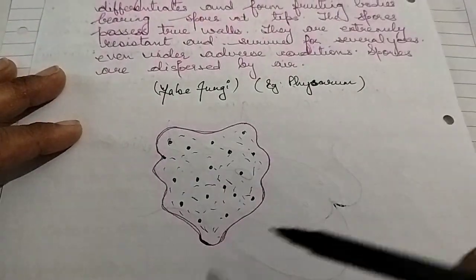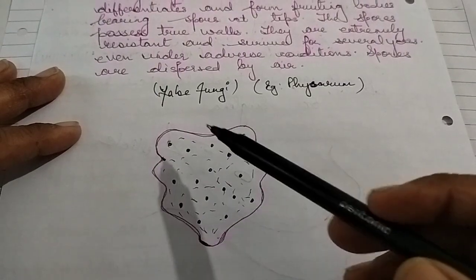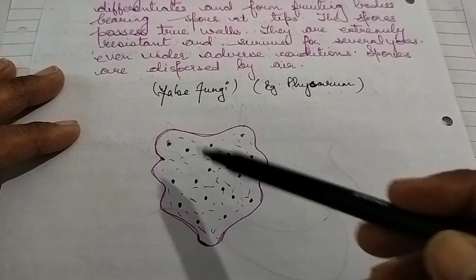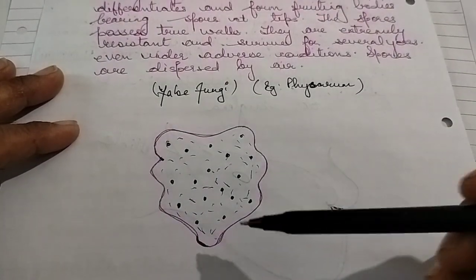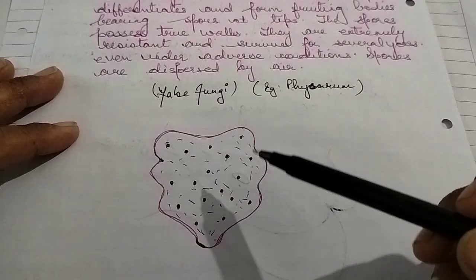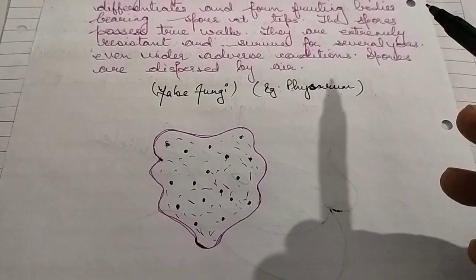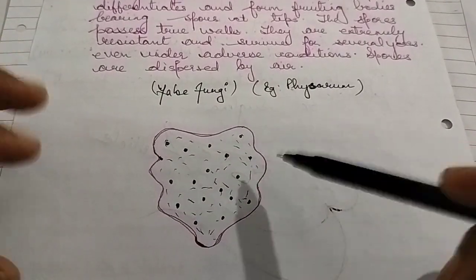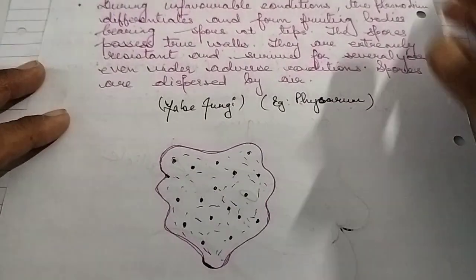See, this kind of structure. These are small slime molds. They have aggregated and formed a structure, and this structure is called plasmodium, and this plasmodium may grow and spread over several feet. Means many slime molds accumulate together and increase the size of the plasmodium.